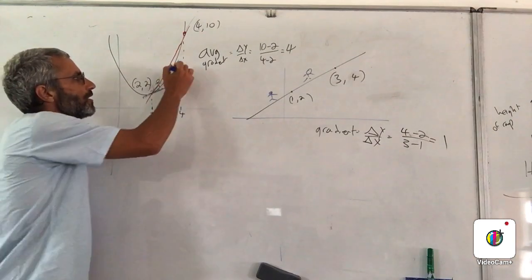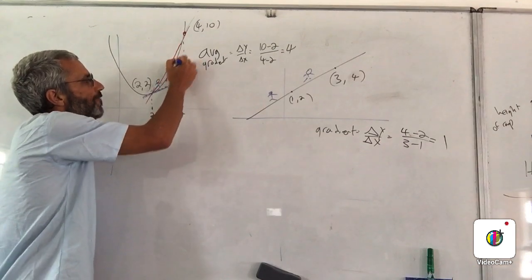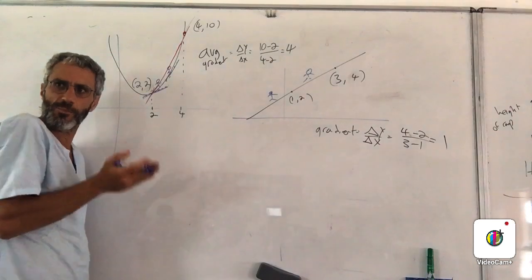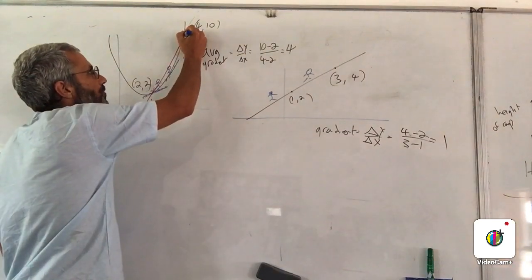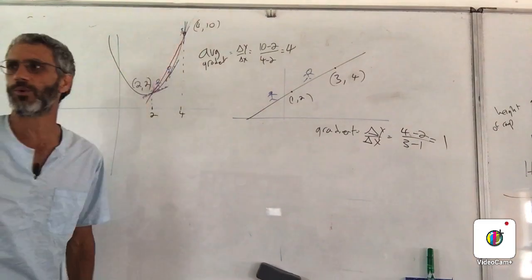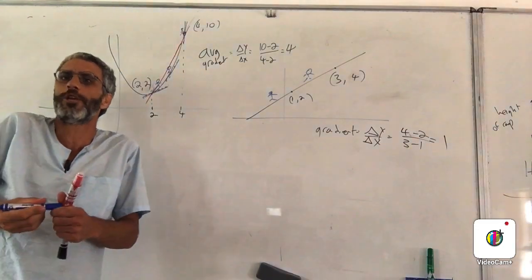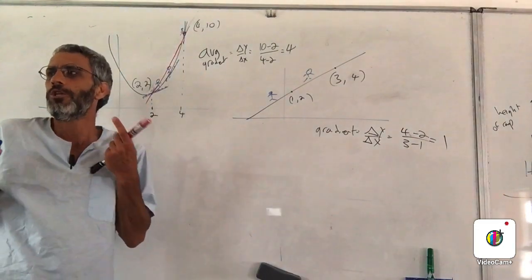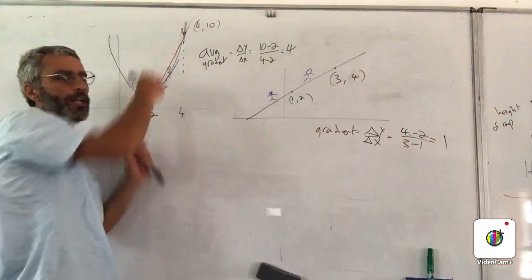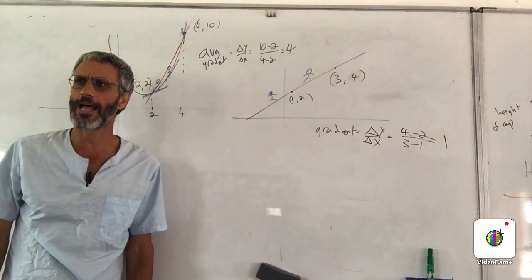When I'm halfway through or midway, then the gradient is pretty much the same as the red line. It's parallel. But when I'm at the top, towards the end, the gradient that I'm actually walking is more than the red line. So I can't calculate the gradient at a specific point. What I can do is calculate the average gradient. Does that make sense?